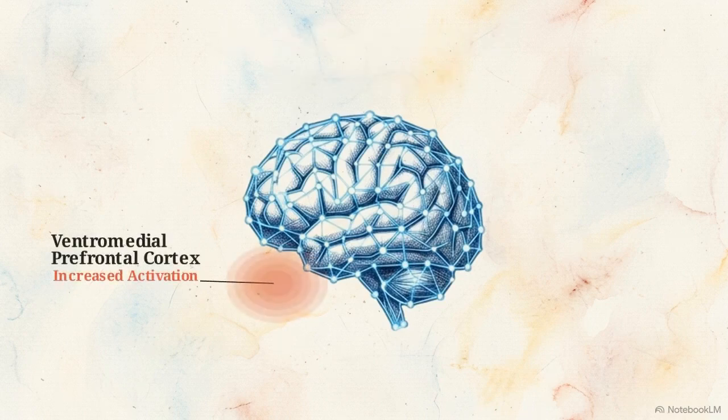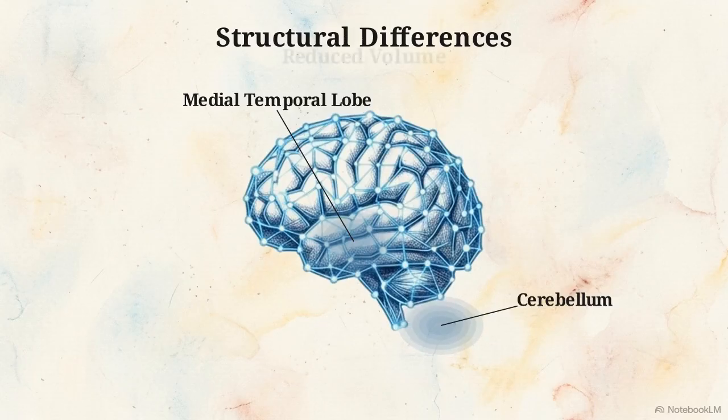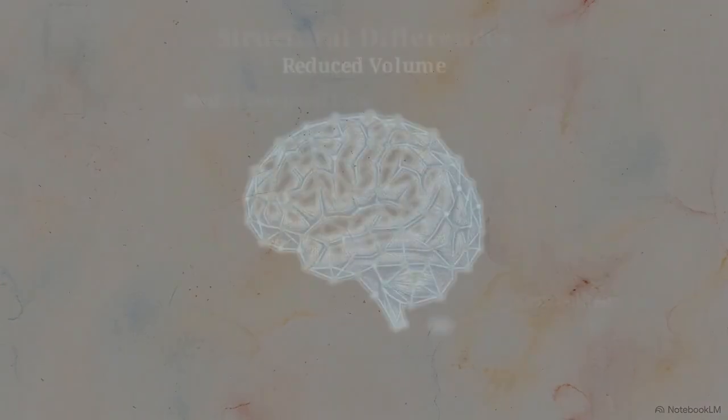In autistic women, higher rates of camouflaging correlate with increased neural responses in the ventromedial prefrontal cortex during tasks involving self-representation. There are structural differences as well. Higher levels of camouflage in women are associated with smaller anatomical volumes in the medial temporal lobe and the cerebellum.